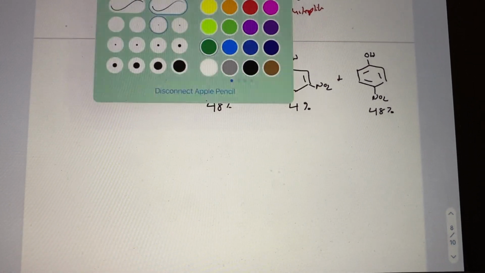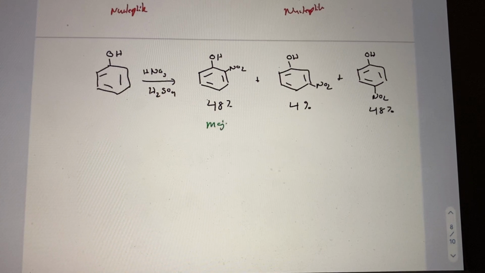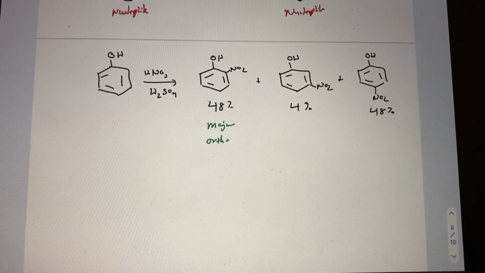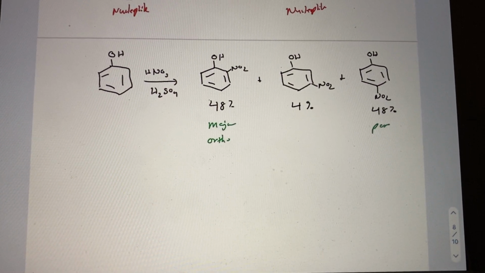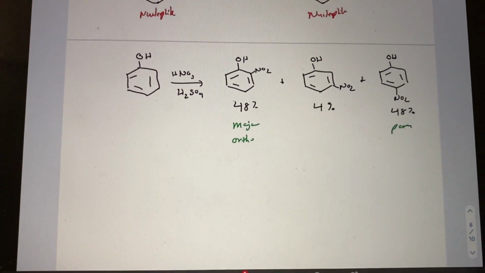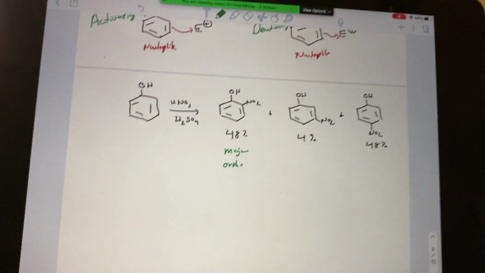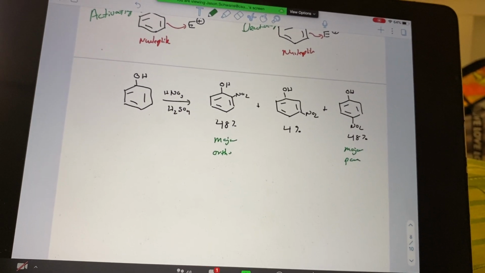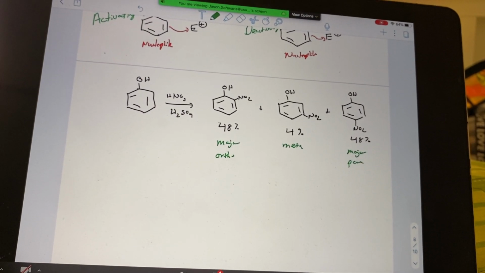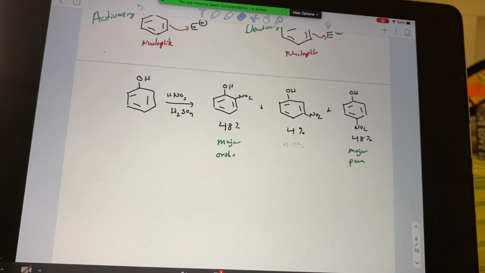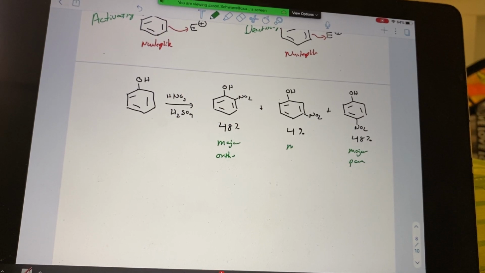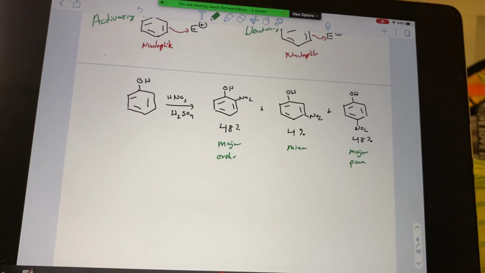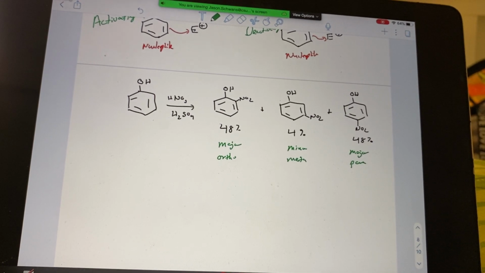So what that means is that ortho is a major product. Para is a major product. And meta is a minor product.